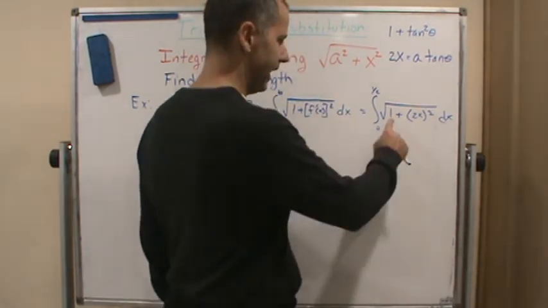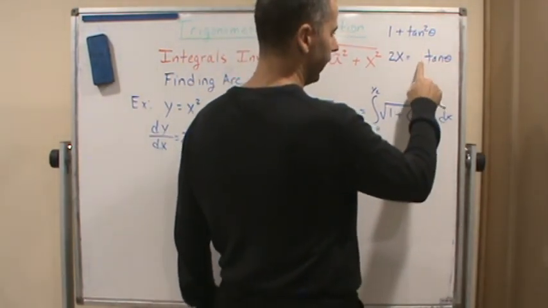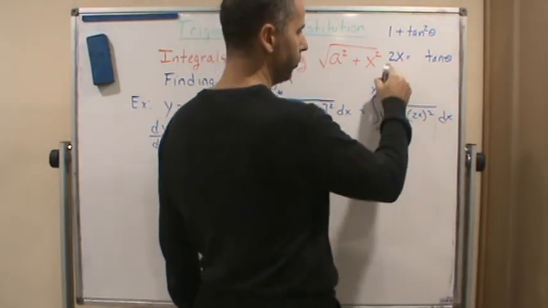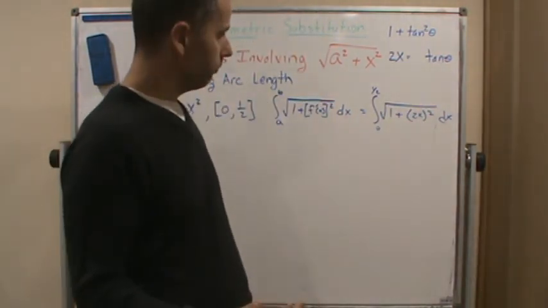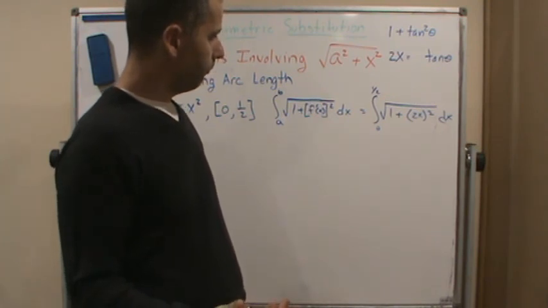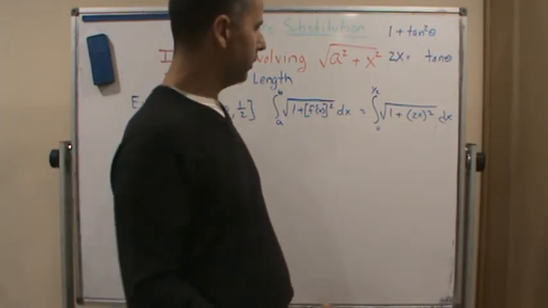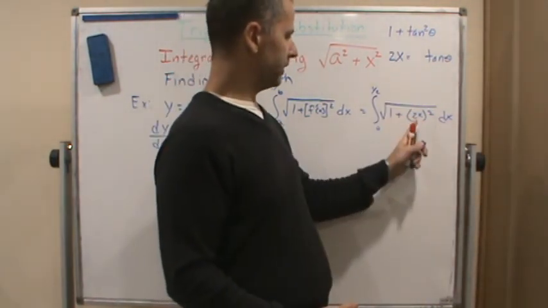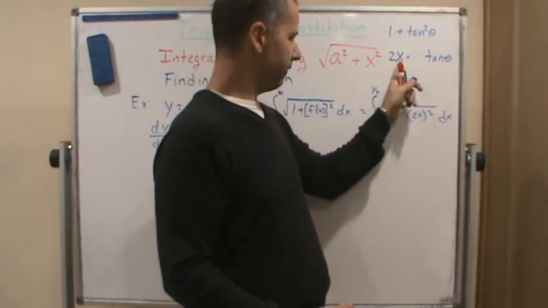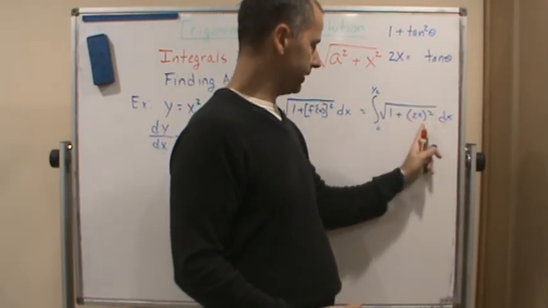Now in this case, a is just 1, so no big deal. And then all we're going to do is divide by, now here's the thing. I'm not sure why it matters whether you use x, because it's going to cancel out anyway. If I put 2x equals tangent x, we'll get tangent x here.